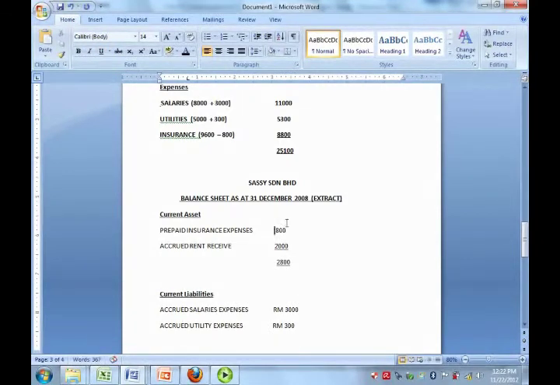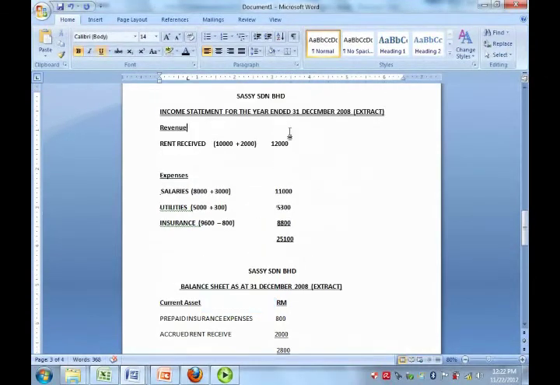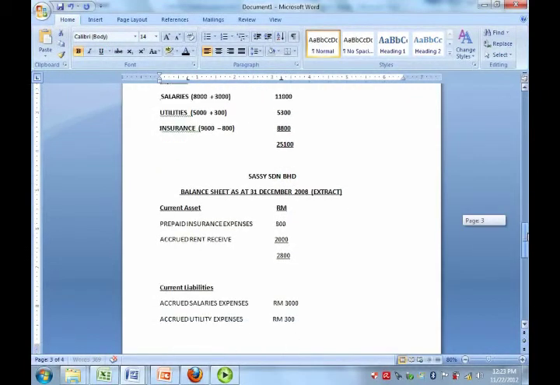You can put RM, where is it class? Top, correct. RM. So automatic, you don't need to put RM in the figure. Same goes to your income statement.